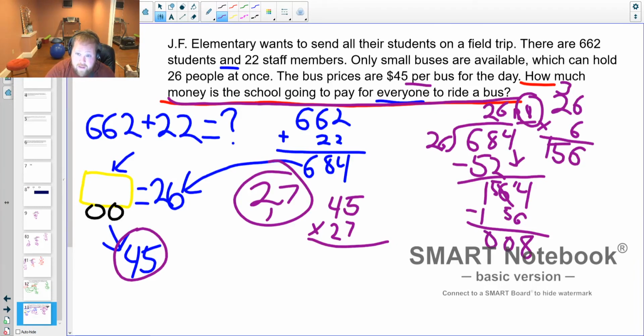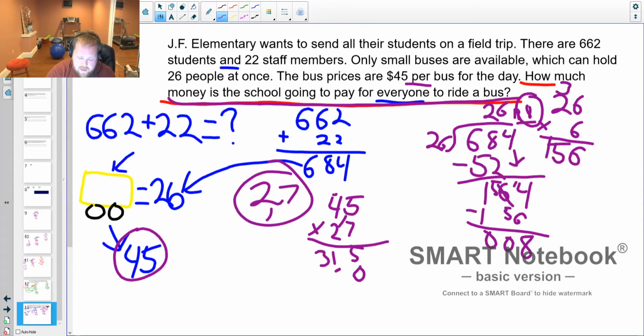7 times 5 is 35. Good. Carry the 3. 7 times 4 is 28. Good. Plus 3 is 31. Wonderful. Now, we are going to hold our place right there with the 0. I'm going to erase that 3. All right. 2 times 5 is 10.